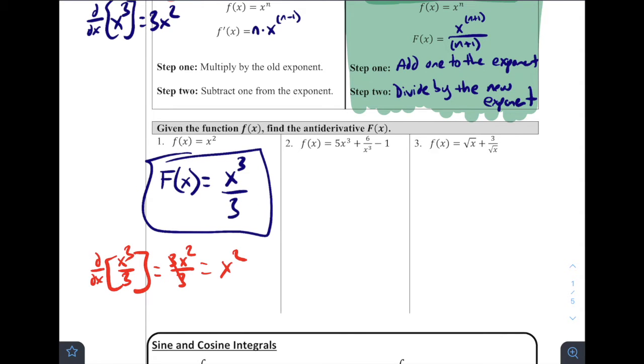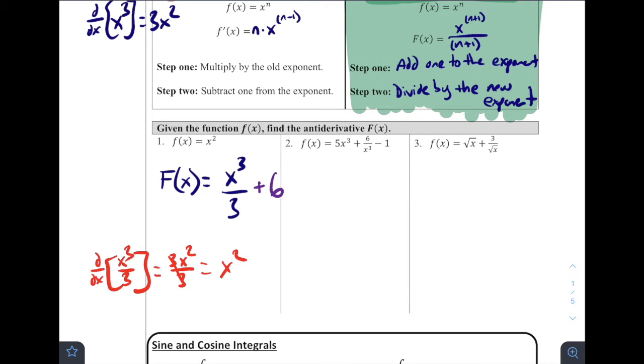Now, let's ask a question here, which I'm going to sort of step back on. How would this derivative be different if I added on, say, 6? What would happen? Well, if I took the derivative, the 6 would go away, right? And we would still have x squared.